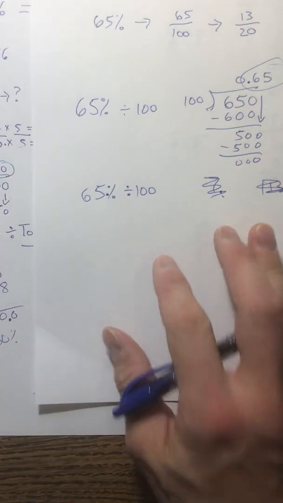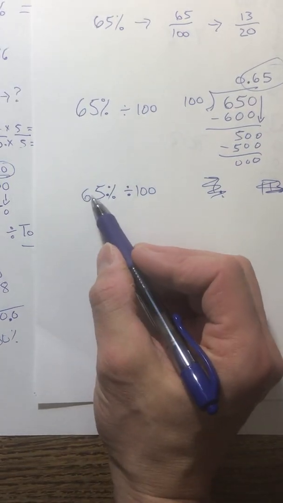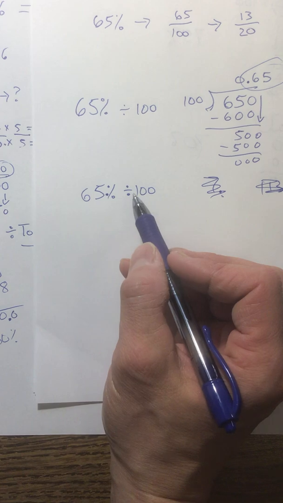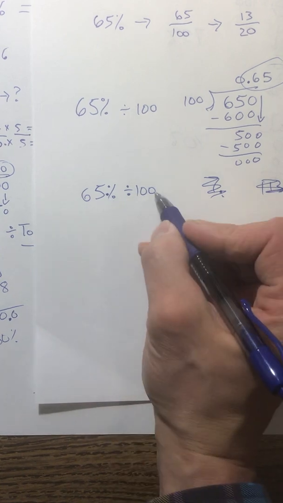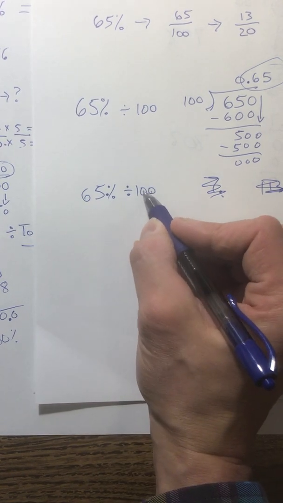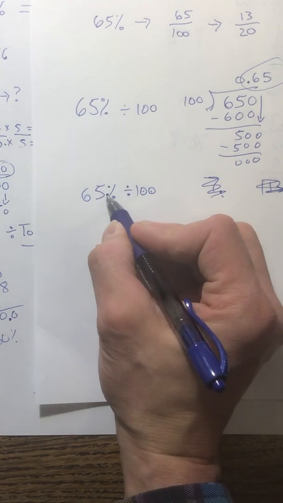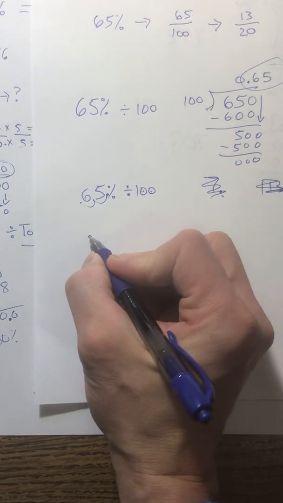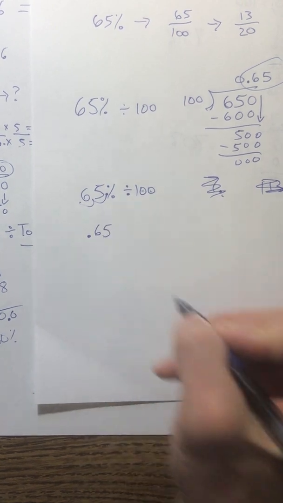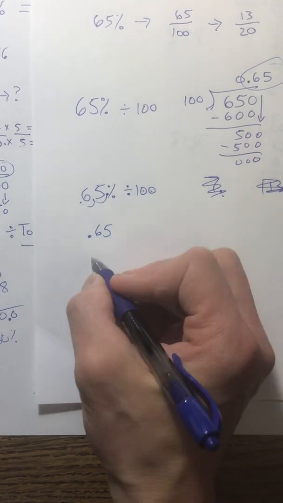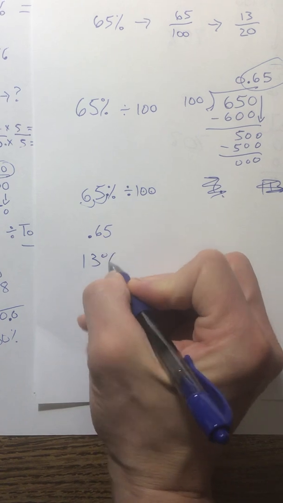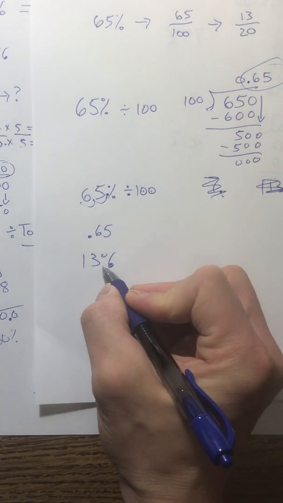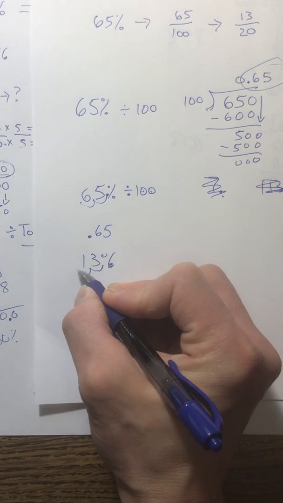So now let's go back to what we're talking about here. To divide the percent by 100, a quick way, a little cheat way of doing it, is you count the zeros in the 100, which there's 2, and you move it 2 spaces. So 65% as a decimal is 0.65. If I had 13%, well, decimal would be there, move it 2 spaces.